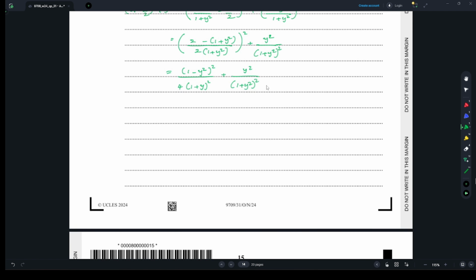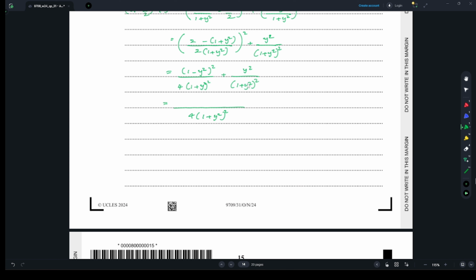And then again you can take the common denominator and simplify. So the common denominator is 4 times 1 plus y squared, squared.